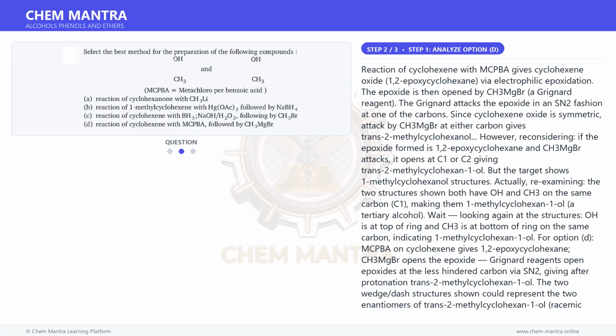The two wedge-dash structures shown could represent the two enantiomers of trans-2-methylcyclohexane-1-ol, a racemic mixture, since the epoxide is achiral and symmetric and the Grignard attack gives a racemic trans product. This matches option D perfectly. The two structures are the 1R,2S and 1S,2R enantiomers, racemic trans-2-methylcyclohexane-1-ol.